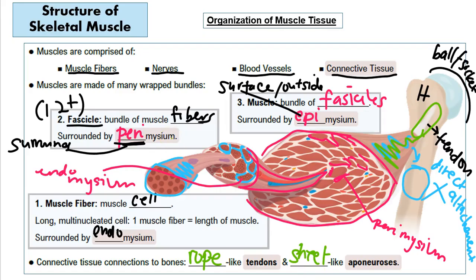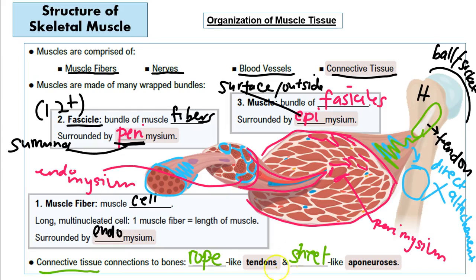Think of the ab muscles, which are flat sheets. Those are aponeuroses, with an indirect attachment to things around them. Tendons and aponeuroses anchor the muscle to bone or cartilage, or also other muscles, right? So when we're thinking of our abs, we're thinking of sheets of muscle tissue.